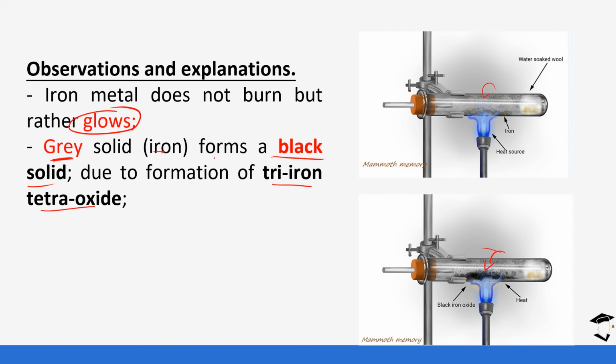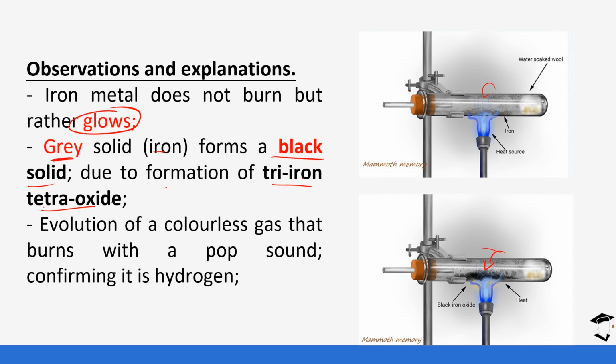So we have 3 atoms of iron and 4 atoms of oxygen. So if you were to write that formula, it would be Fe3O4. So this is the triiron tetraoxide, and this is the one that is black in color.